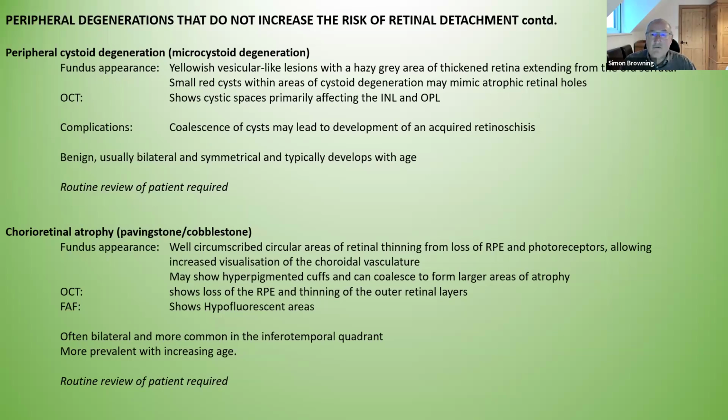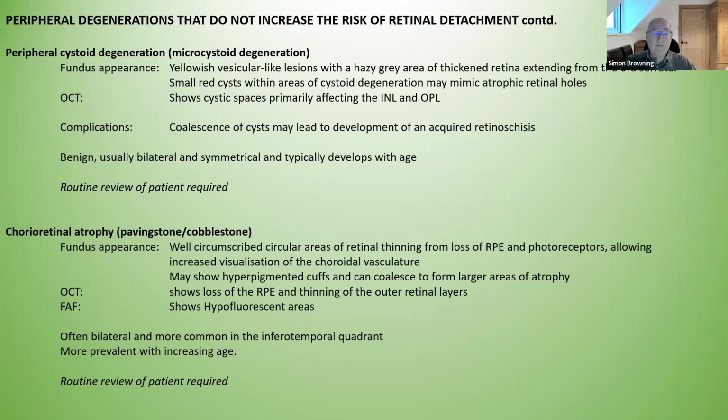They just drop out, very much like geographic atrophy in the macula. So you can see the underlying choroid layer much more clearly, and you'll see the choroidal vasculature more clearly. You will see pigment cut around the edge, and as I say, these can coalesce to form quite large window defects.